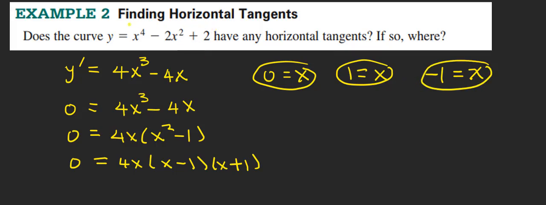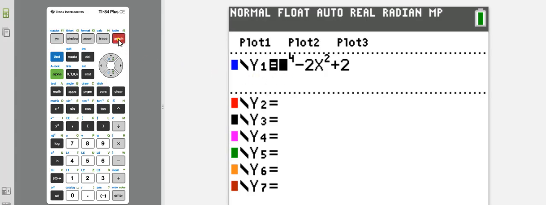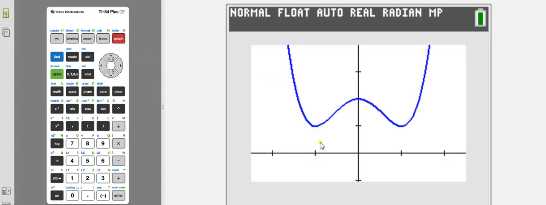And let's graph this and see if it makes sense. So we're going to graph this curve. Depending on your window, your graph might look a little different. I did zoom standard, and I did zoom in. So as you can see, you have a horizontal tangent when x equals -1, when x equals 0, and when x equals 1.